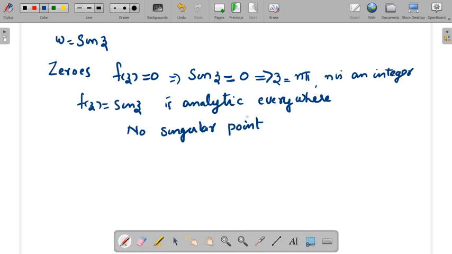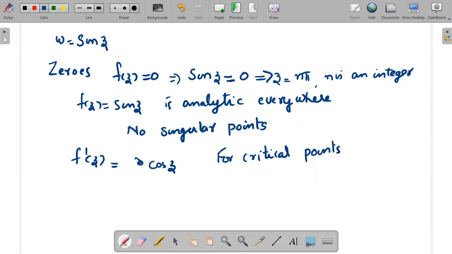And if you go for the critical points, we take the derivative f dash z. So f of z is sin z, f dash z is cos z, and for critical points the condition is f dash z should be equal to 0. So f dash z equal to 0 implies cos z should be equal to 0.